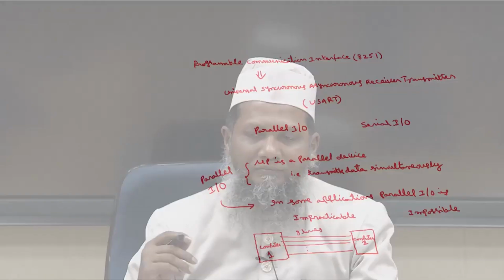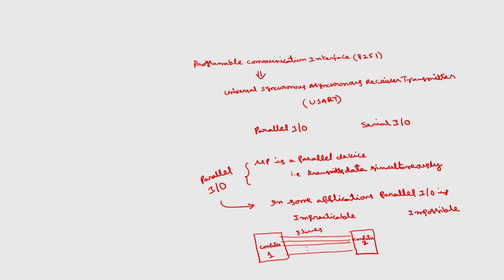If the distance is hundreds or thousands of kilometers, then the installation cost of these wires will be very large. We cannot afford that much cost. So, this is somewhat impracticable. Still, we can establish it if I compromise on cost, but it is not a good solution.